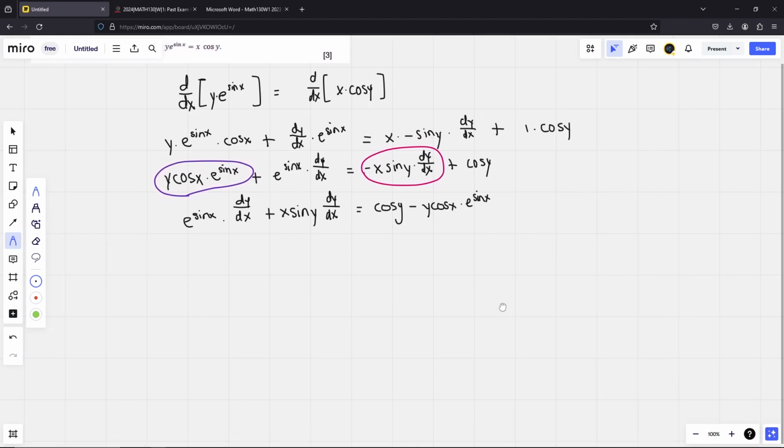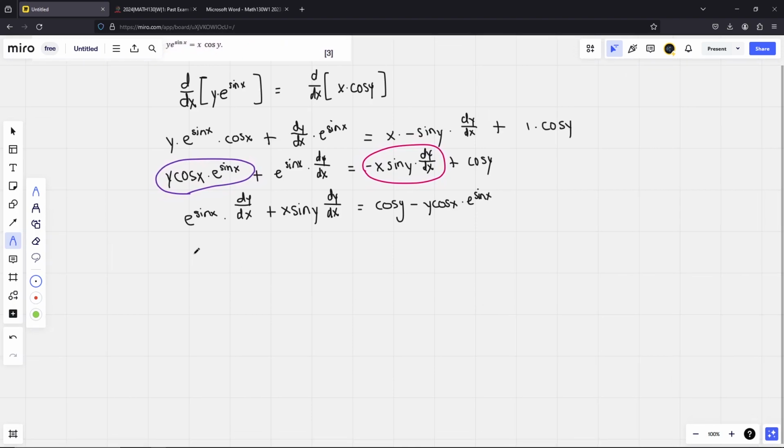Okay, so far so good. And now I'm going to factor out a dy/dx from the left hand side. So dy/dx, open brackets, e to the sine x plus x sine y, and then this is going to stay the same, so cos y minus y cos x multiplied by e to the sine of x.